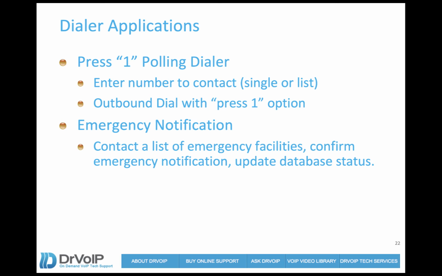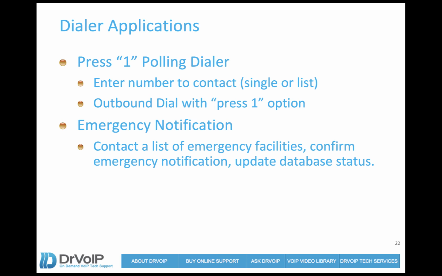We're going to take a look at two dialer applications that make use of some of the dynamic configuration and contact attribute strategies we've been discussing so far in this video. We're going to look at two dialers. The first one is familiar to many people. It's called Press 1.